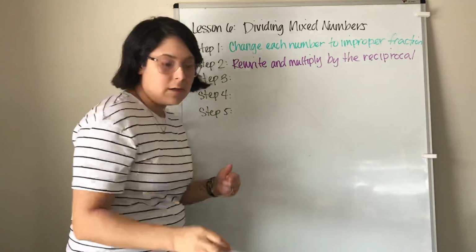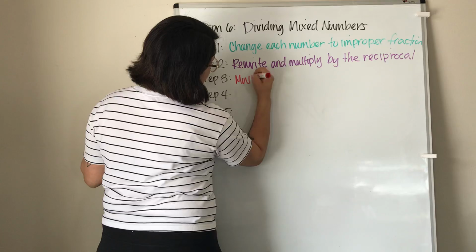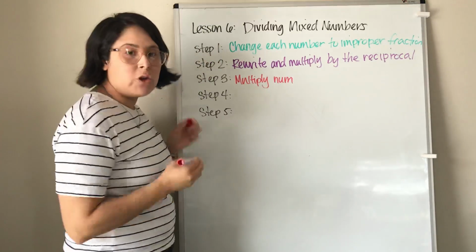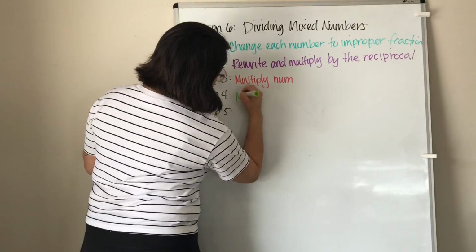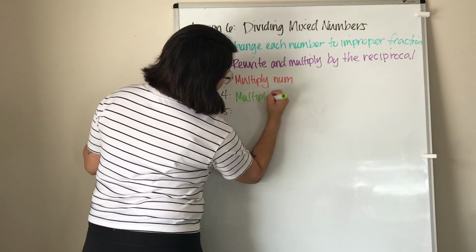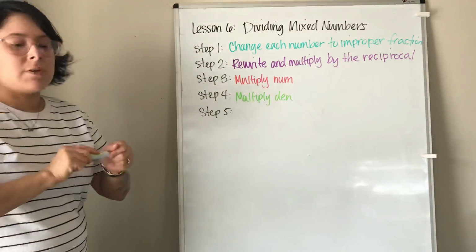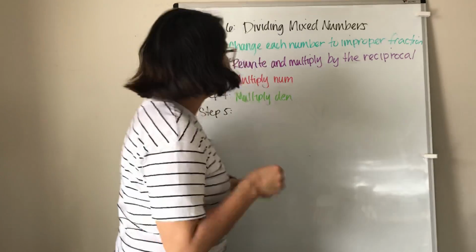You flip it, okay? Next is you're going to multiply the numerator. Put num for numerator. Next, you're going to multiply the denominator. Okay, and then the last one is going to be simplify.